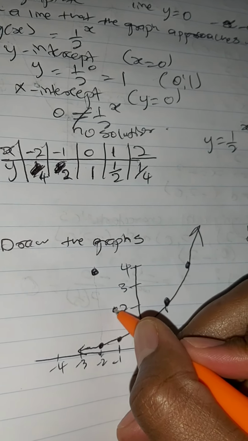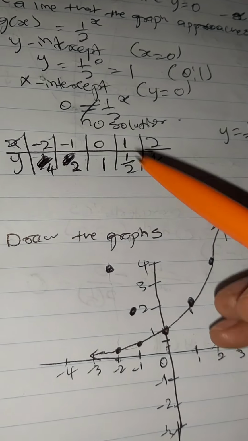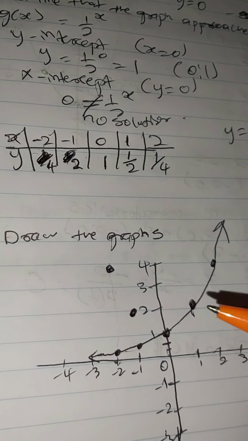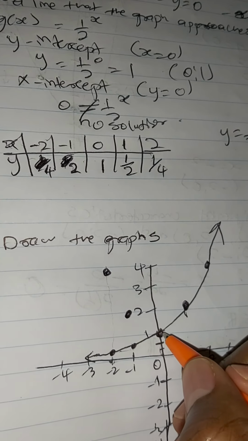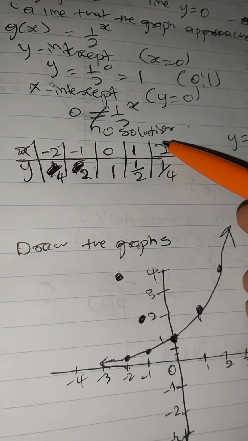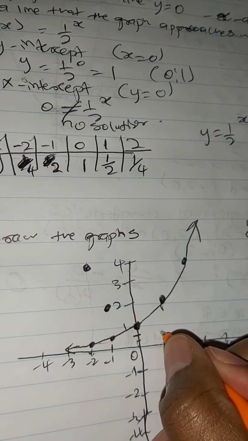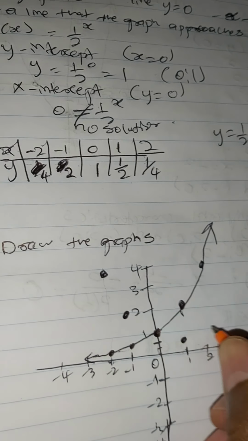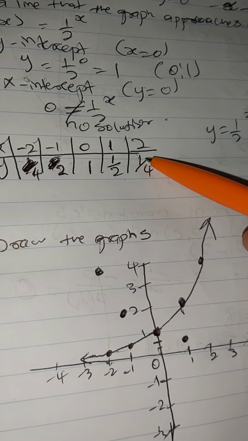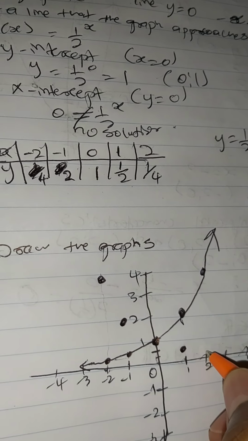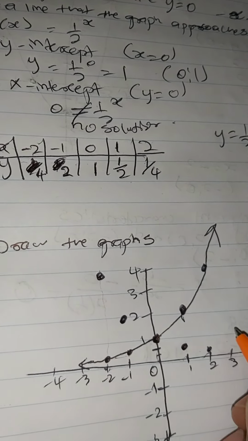So that's our next point. The next one is 0 and 1. X is 0, y is 1. Then the other one, x is 1, y is half. Then the last one, x is 2, y is a quarter, 1 over 4, which is somewhere here.